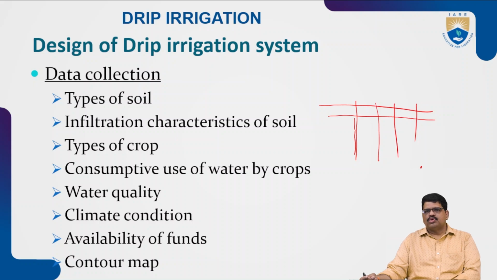Infiltration capacity becomes slow and differs depending on soil conditions, and there are different soil classifications such as A type, B type, C type, and D type.